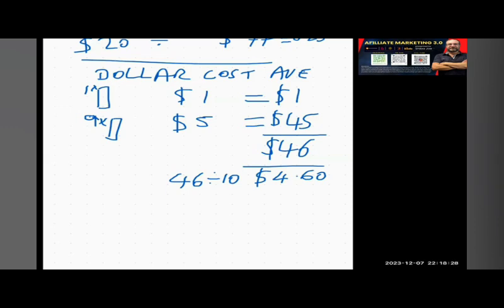You're going to want to know how much you've spent, not only in total, but how much you've paid for each BTCC or each Solana or each XRP, whatever coin or token you're buying. You need to know what the dollar cost average is of what you've purchased.